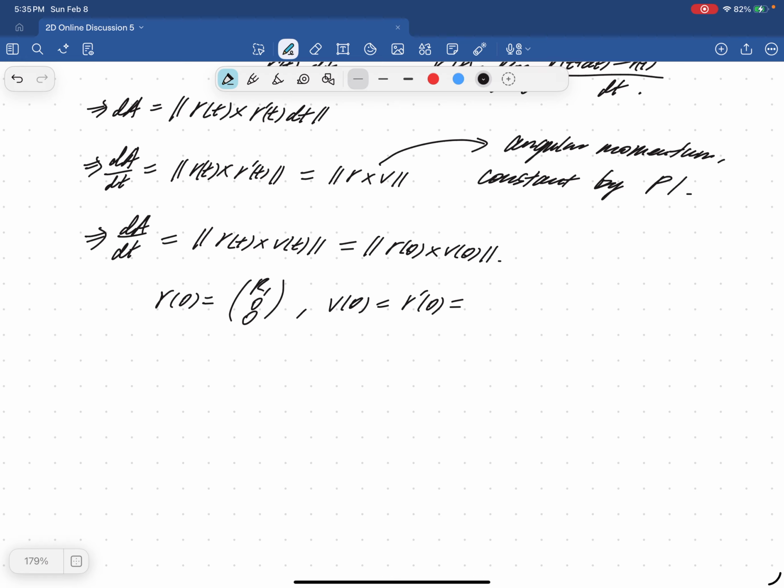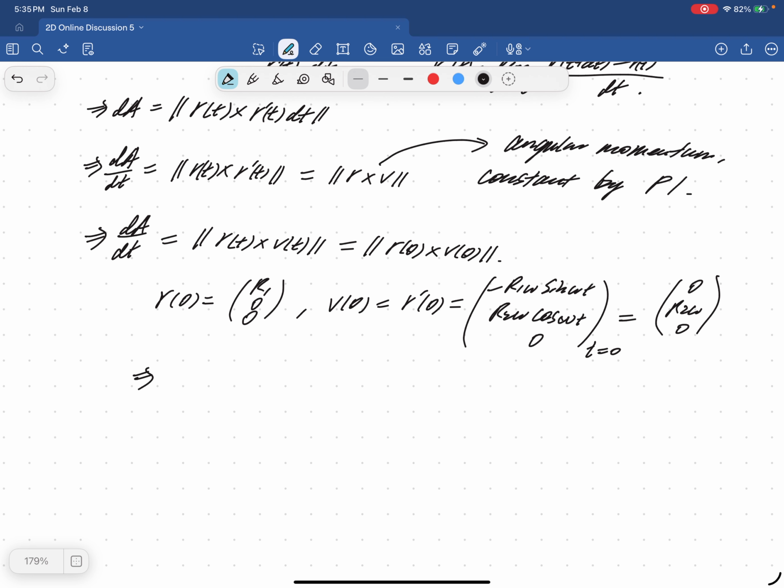And what is r'? This is (−R1 ω sin ωt, R2 ω cos ωt, 0). Evaluating at t = 0, we get (0, R2 ω, 0).